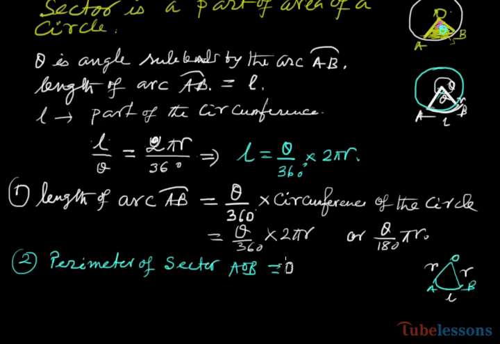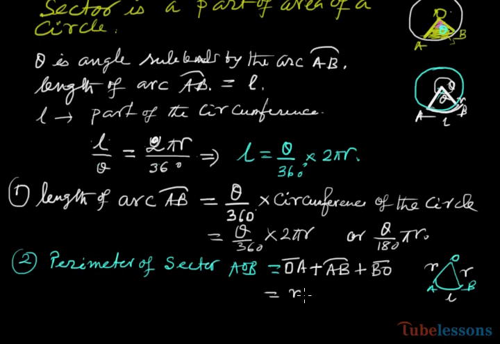So, length of OA, plus length of arc AB, plus length of BO.